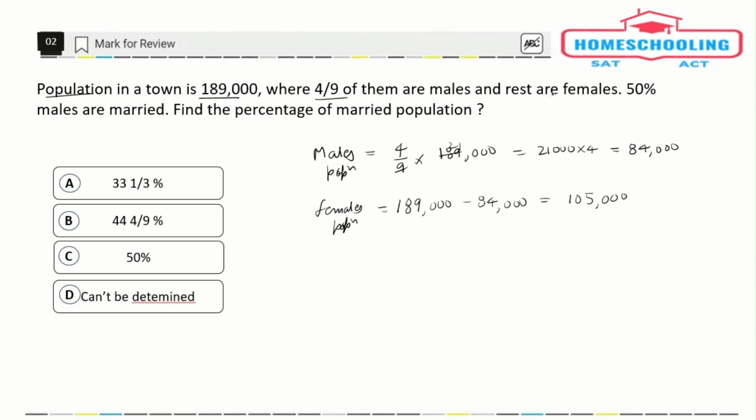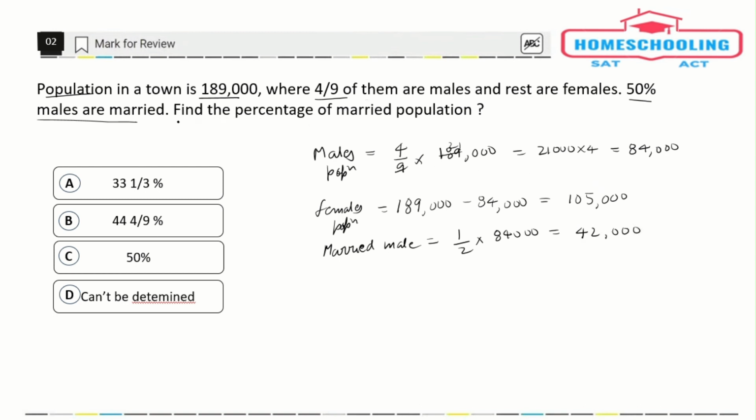In the question, it is said that 50% of males are married. So the male population is 84,000, and married males are 50%. 50% can be written as 1 by 2 into 84,000, so that would be 42,000.